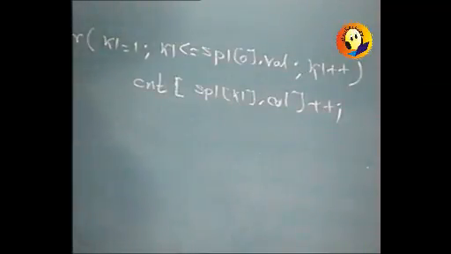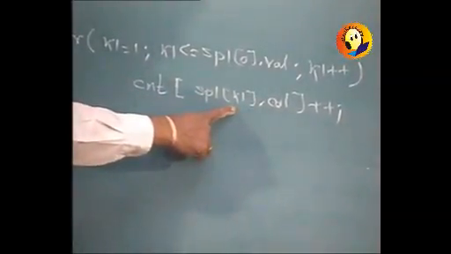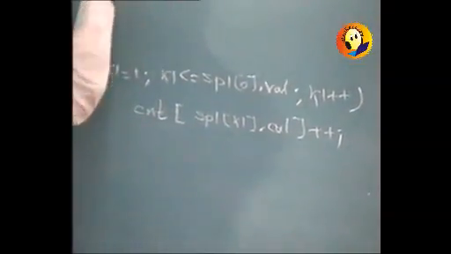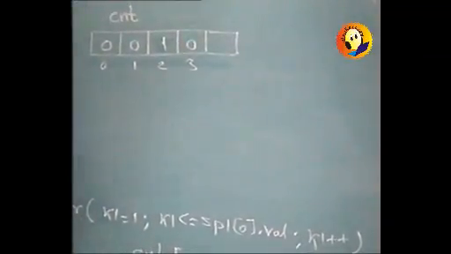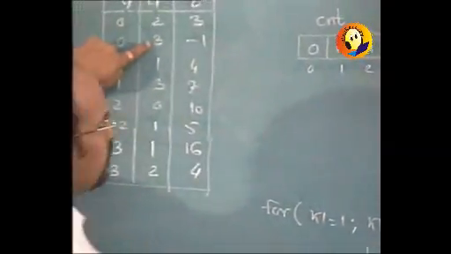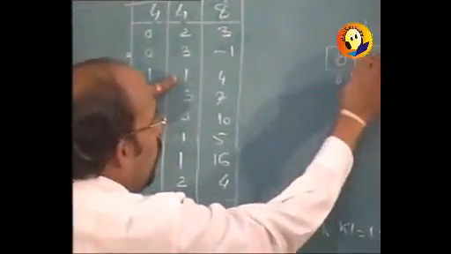So initially k1 is 1. What is sp1[k1].column? 2. So counter 2 will be incremented. This is 0, 1, 2, 3. This will become 1. CNT of 2 plus plus. Then it is 3, so CNT of 3 plus plus. Then it is 1, CNT of 1 plus plus.